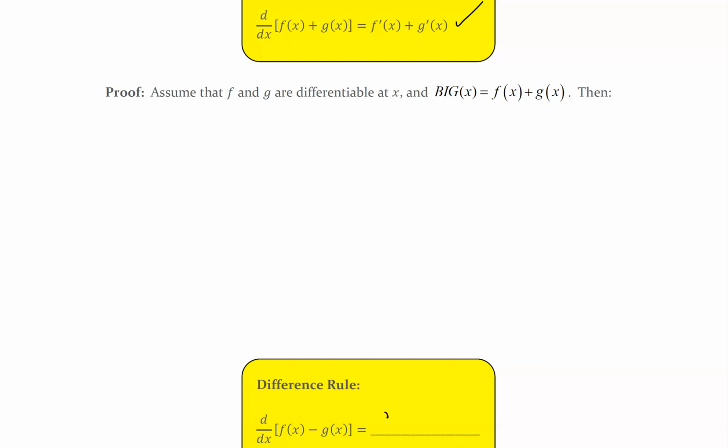For this one, it would be the derivative of f minus the derivative of g. Okay? Would you like to see the proof of these? To keep this video short, I'm going to go ahead and prove the sum and the difference rule in a separate video. But for now, know that it works.